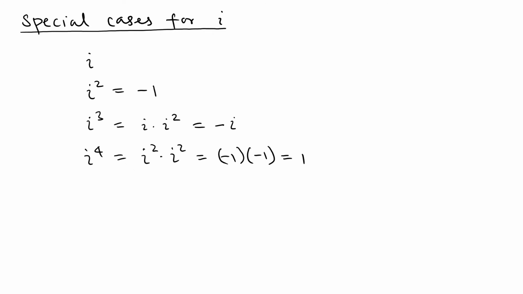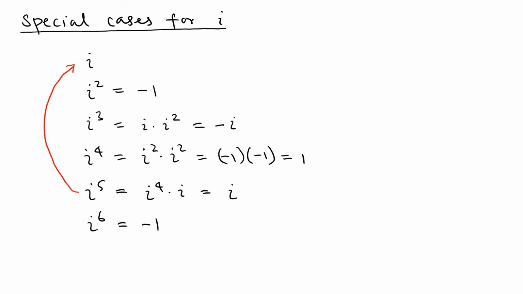So that means if you have i to the fifth power, you can write this one as i to the fourth power times i, but we know that i to the fourth power is 1, so you simply end up getting i. And after that, it's going to repeat, because i to the fifth is exactly like i. So if you have i to the sixth power, it's like negative 1.